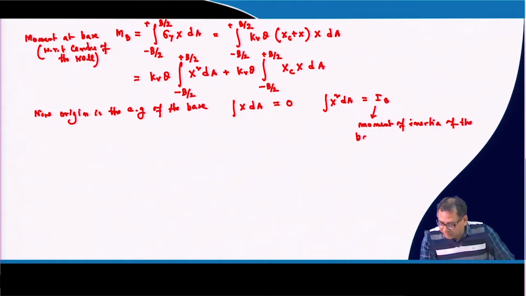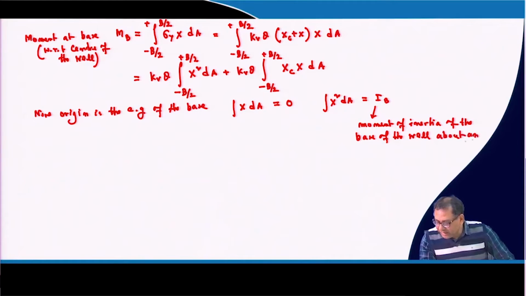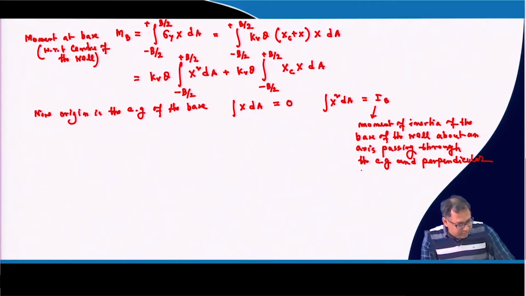So, this I b is the moment of inertia of the base of the well about an axis passing through the center of gravity and perpendicular to the horizontal force.